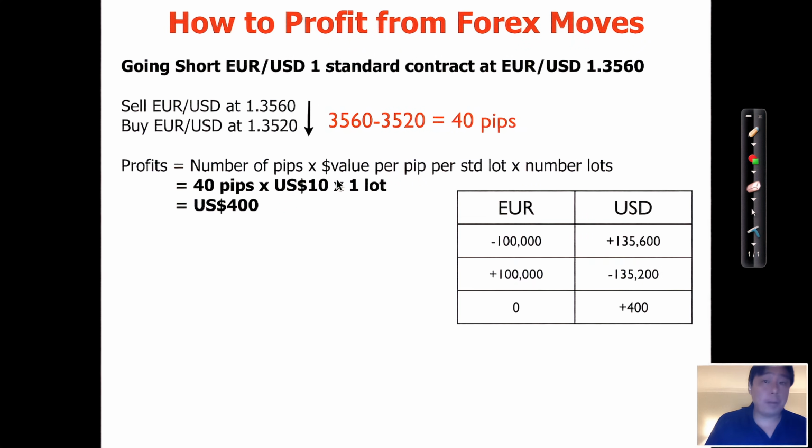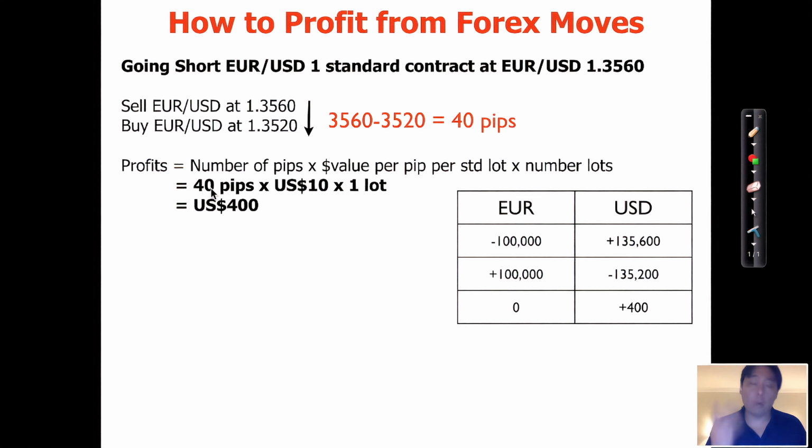Again, let me re-explain in linear form. Going short Euro USD, one standard contract. We sold Euro USD at 3560 and bought it back at 3520. Difference, 40 pips. So what's your total profit?